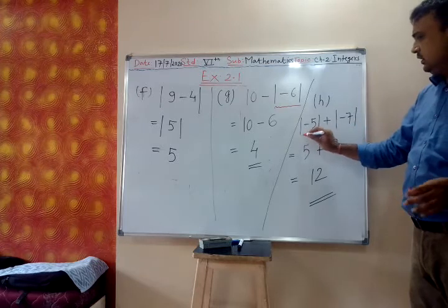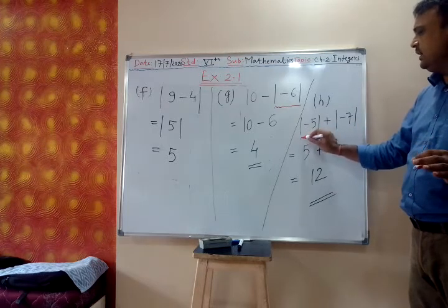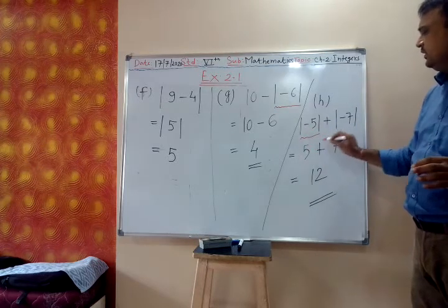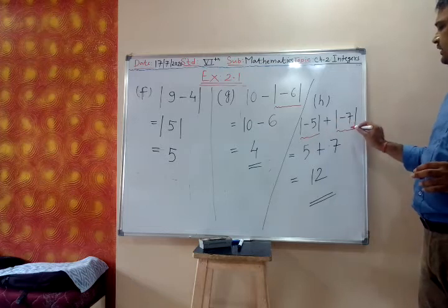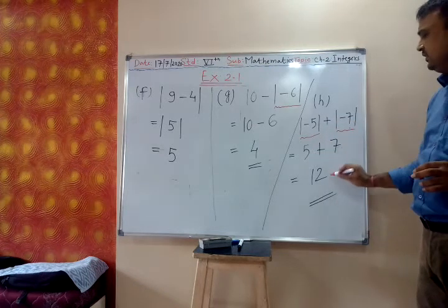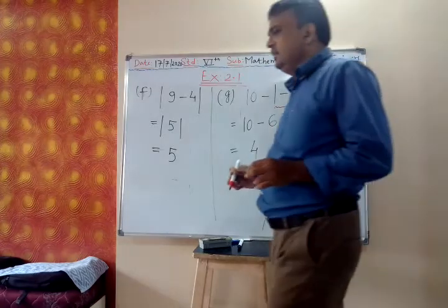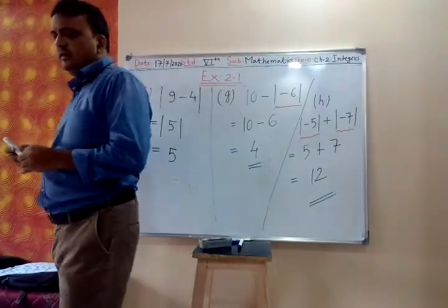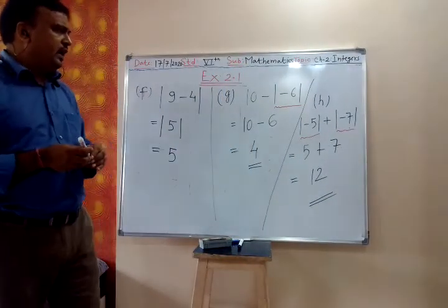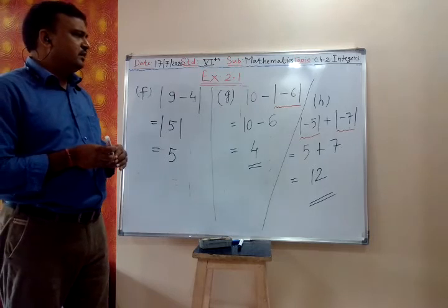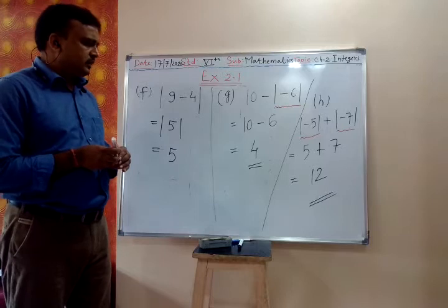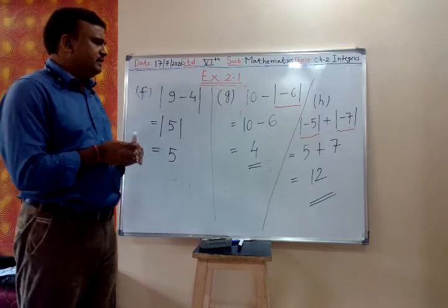Absolute value of minus 5 is plus 5. Absolute value of minus 7 is plus 7. 5 plus 7 is 12.